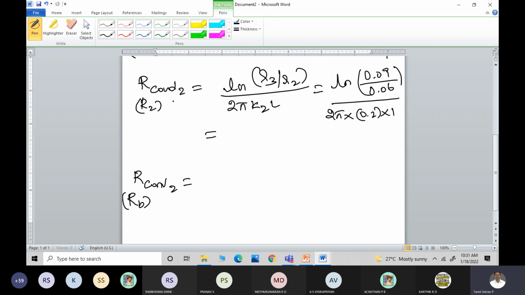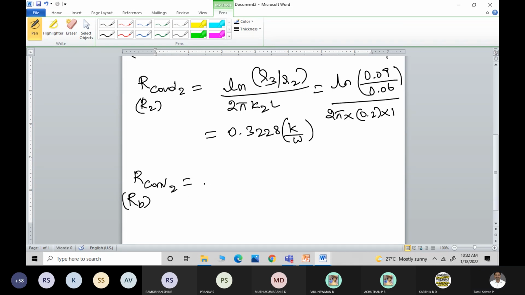Find out this. What is R conductive 2? 0.3228, sir. 0.3228 Kelvin by watt. Okay, unit.